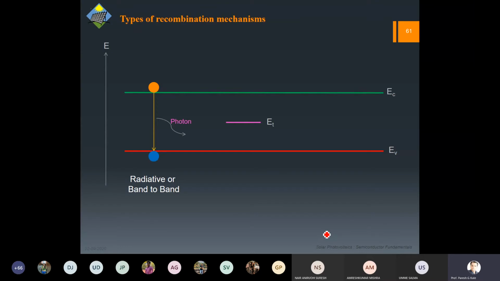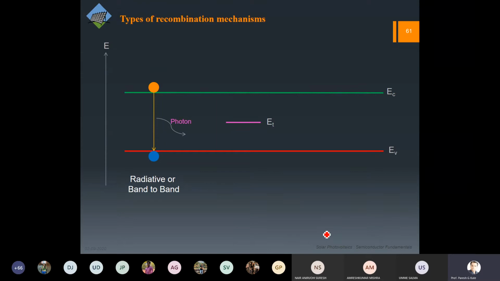Next one is the trap recombination. You can see that EC and EV are for the pure material, and obviously for pure silicon there cannot be any energy level in between EC and EV. However, if this material is impure, some other material can produce an energy level, especially in the middle of the band gap, and we can call it a trap. Why trap? Because the carriers can get trapped on this particular level. In the previous radiative case, the electron has to come down; there is no other possibility.